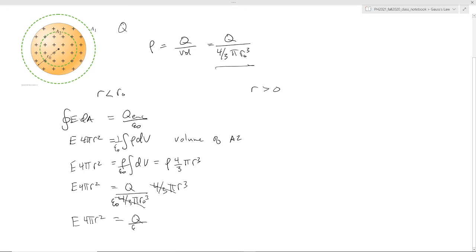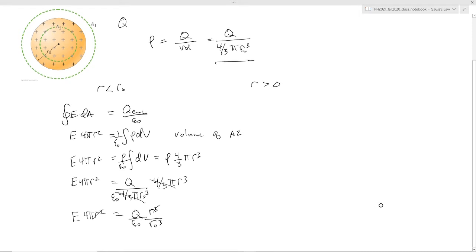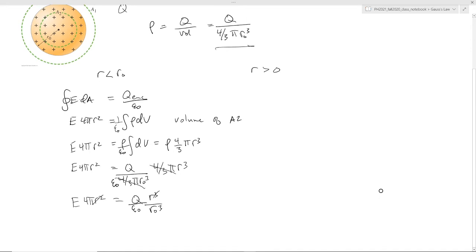So we would have Q over epsilon naught, and then we would have r cubed over r naught cubed. And notice r squared and r squared would cancel on both sides, and we would be left with, well, here, I can move this up a little more.